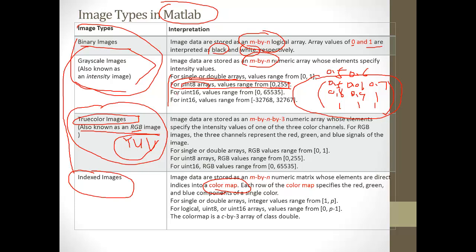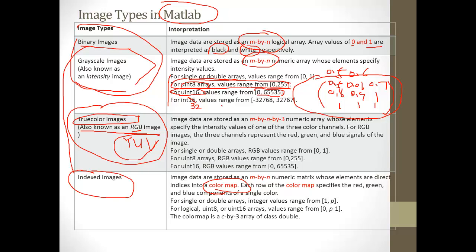Also, for some images, they will store the value using unsigned integer 16 bits. The value will range from 0 to 65,535. That's called unsigned 16 bits image. I'm sorry, this should be 32 here.